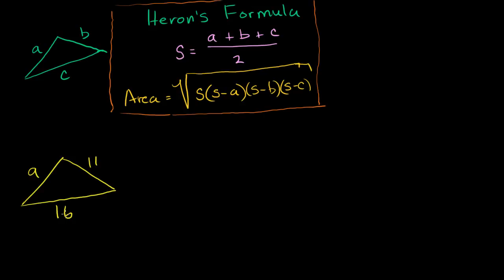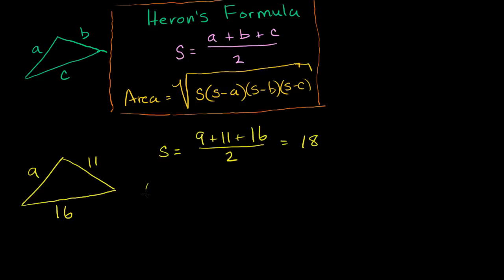So let's apply Heron's formula. s in this situation is going to be the perimeter divided by 2. So 9 plus 11 plus 16 divided by 2, which is equal to 9 plus 11 is 20, plus 16 is 36, divided by 2 is 18.